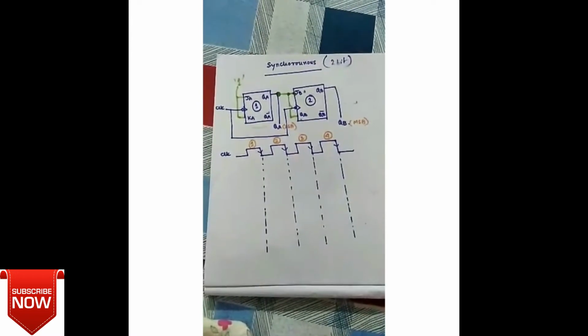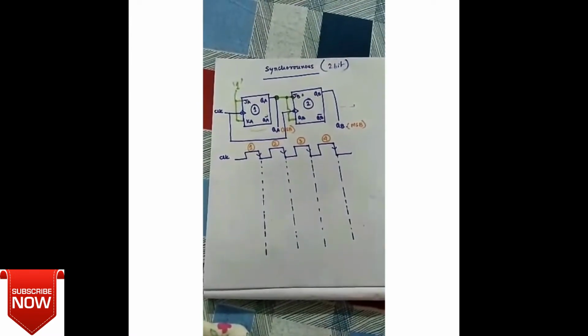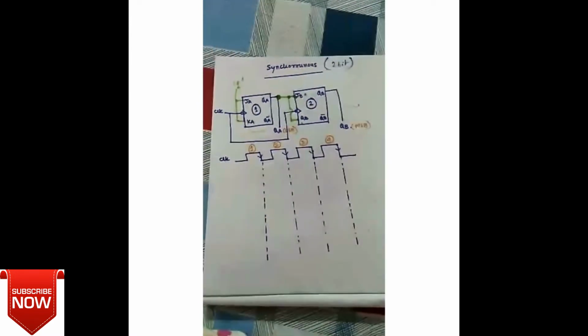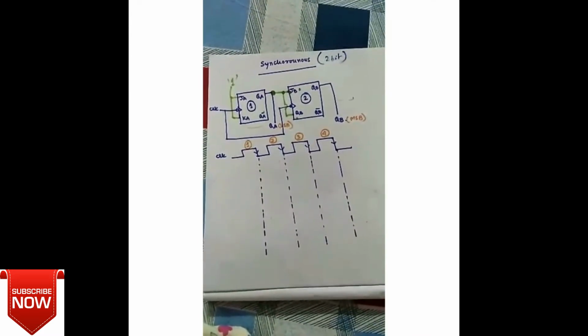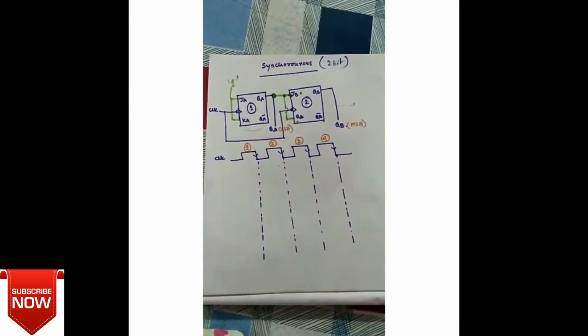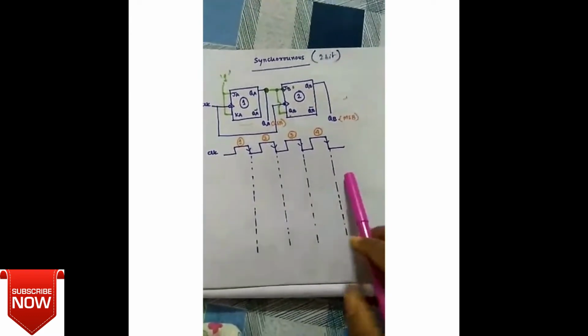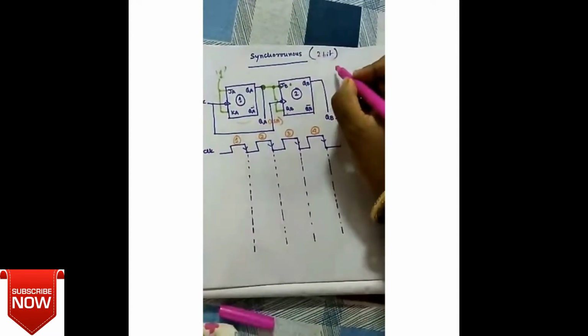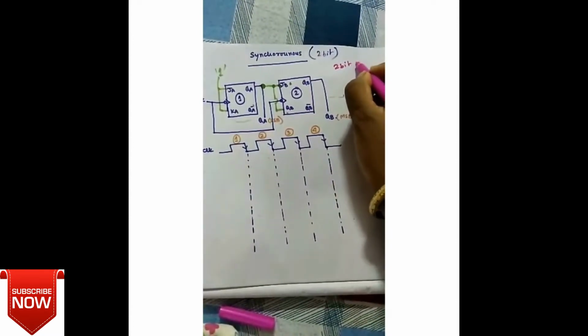Like the same way, a synchronous counter can count from upward direction or from downward direction. Okay, now you see the waveform. Like the previous one, it is a 2-bit counter, so 2-bit flip-flop is required.